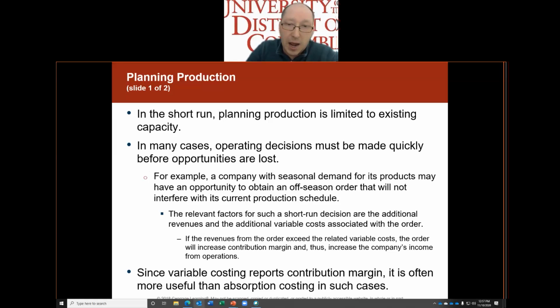In most cases, operating decisions must be made quickly before opportunity costs are lost. So, for example, in a seasonal business, we need to make shifts in our production schedule. Therefore, short-run decisions can be better planned for, right? That's kind of what this slide tells us.